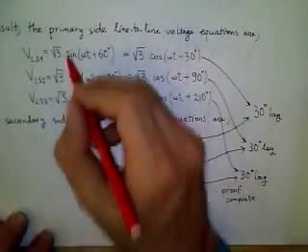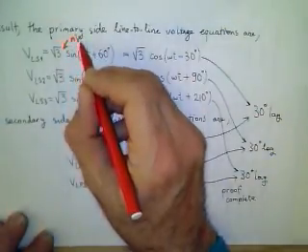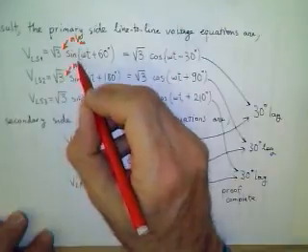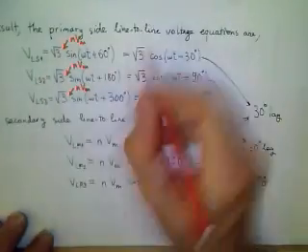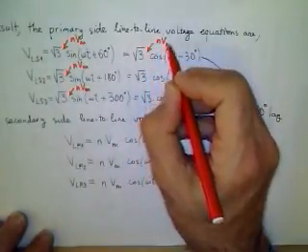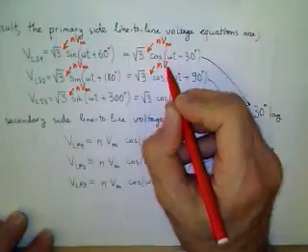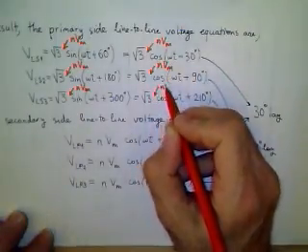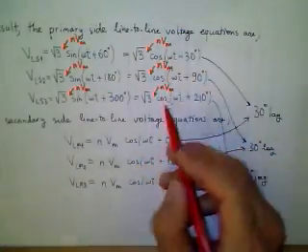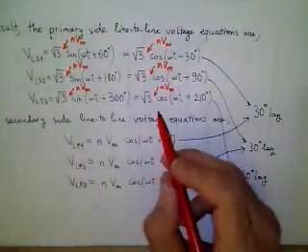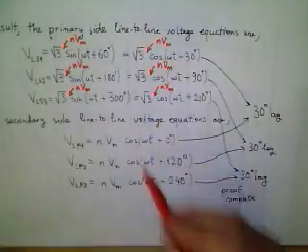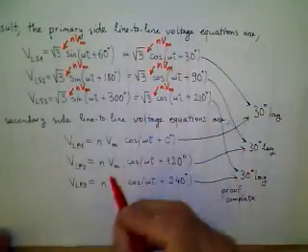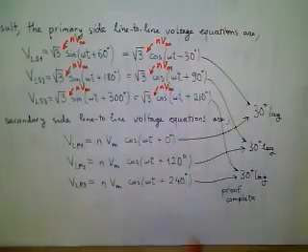We only should add n times Vm here because those terms are forgotten. n is the turns ratio, Vm is the amplitude of the phase voltage, and square root of 3 comes from line-to-line voltage separation.